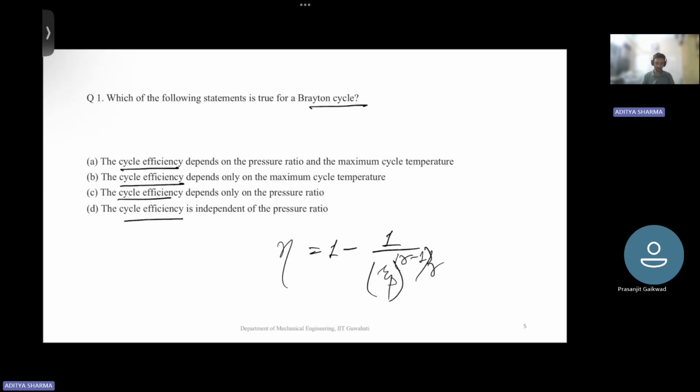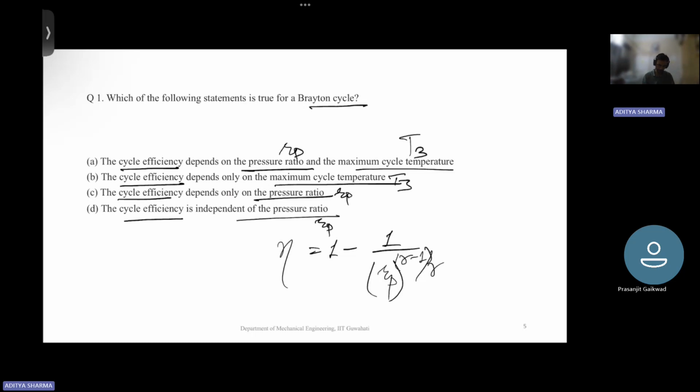Then based on your four options, it depends on pressure ratio and maximum cycle temperature. Maximum cycle temperature is T3. Maximum cycle temperature T3 depends on RP, or is independent of RP. So this is dependent on your pressure ratio. C option is correct. So that was about the Brayton cycle question.